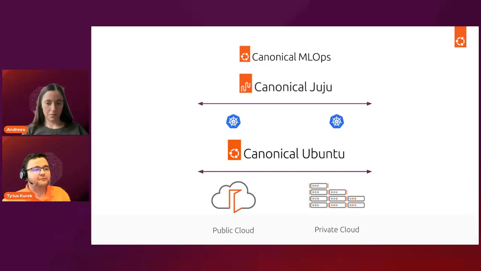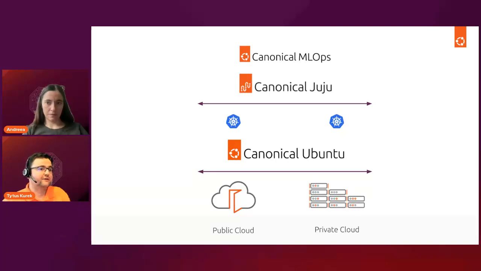But there is one more piece of the puzzle that's very important here, which is Canonical Juju, Canonical's product that enables fully automated provisioning and, more importantly, ongoing operations for various types of cloud native workloads. Juju runs on top of Kubernetes as well as any other substrate.